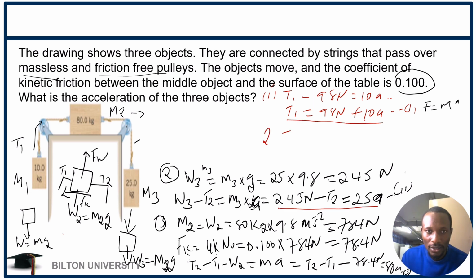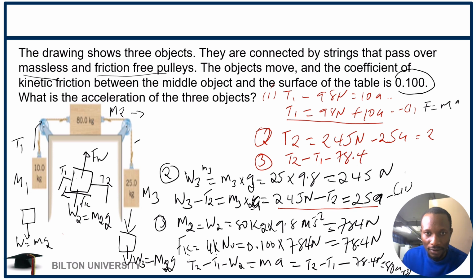The second one we can write as T2 equals 245 Newton minus 25A, and this is going to be our second. And the third one is T2 minus T1 minus 78.4 Newton equals 80A.